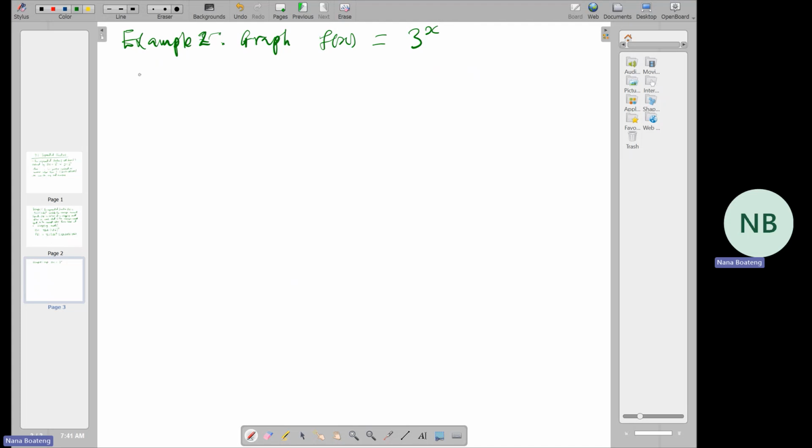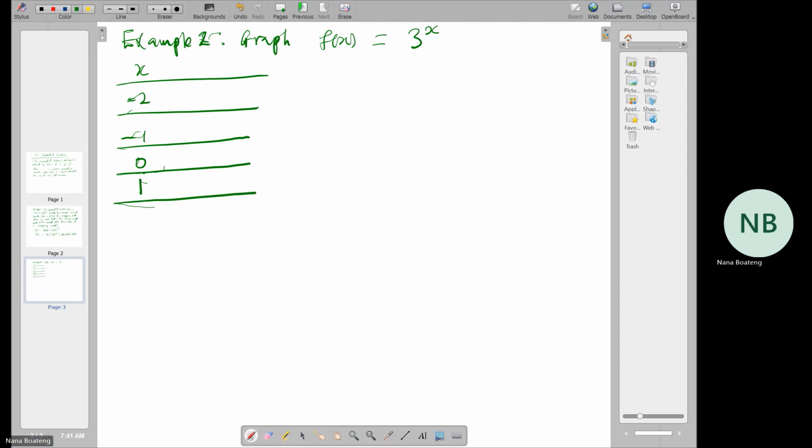So x is -2, -1, 0, 1, and 2. And we have f of x is equal to 3 power x.